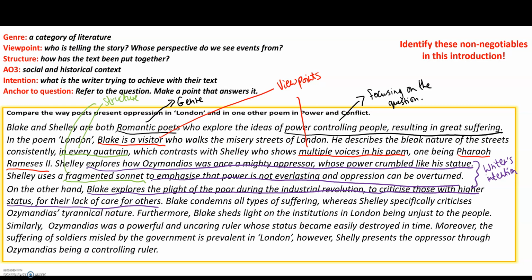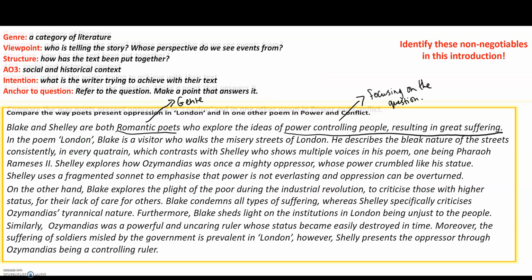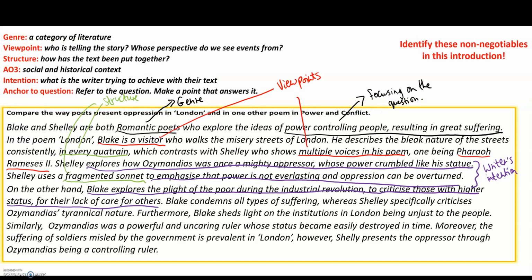Ozymandias was a powerful and uncaring ruler whose status became easily destroyed in time. Moreover, the suffering of soldiers misled by the government is prevalent in London. However, Shelley presents the oppressor through Ozymandias being a controlling ruler. Okay, so over here, all of these ideas are my points.